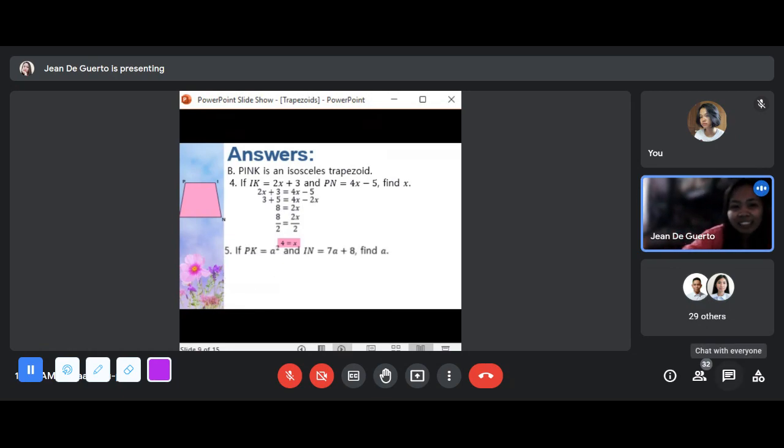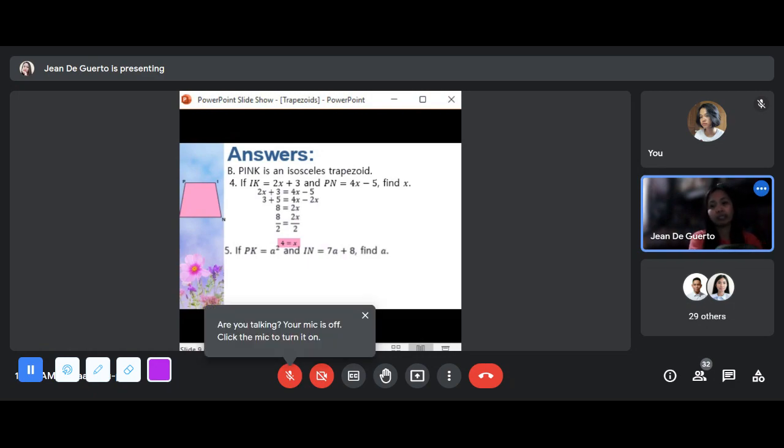Mga nagsosolve dyan. Okay, number 5. If PK is equal to A square, IN is equal to 7A plus 8, find A. So PK and IN are the legs of your trapezoid.